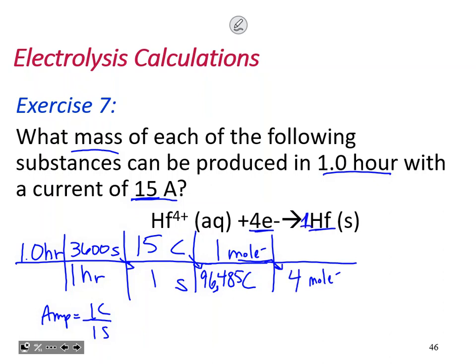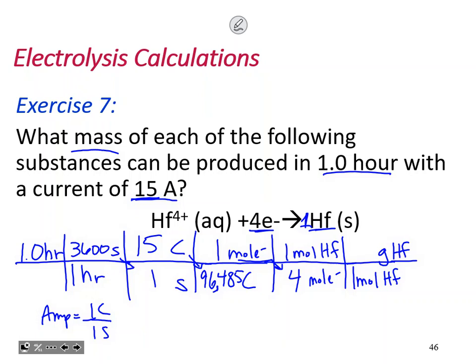So 4 moles of electrons to 1 mole of our hafnium solid. And then 1 mole of HF is going to give us how many grams of HF. So we need to look at our periodic table for that one.